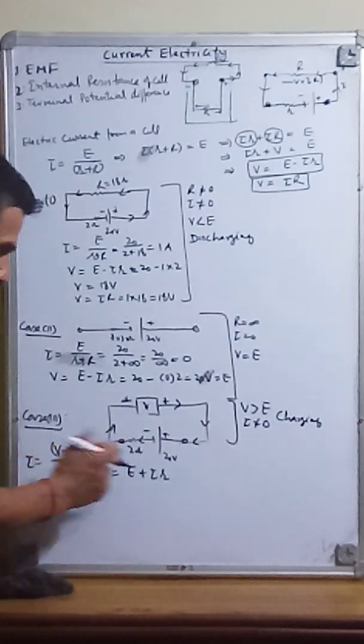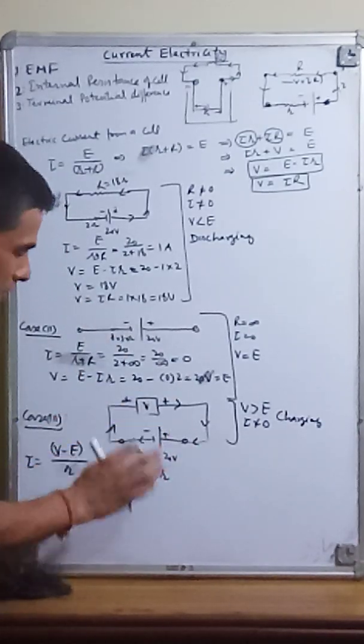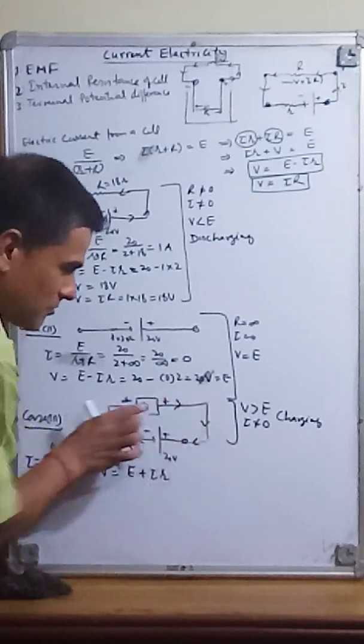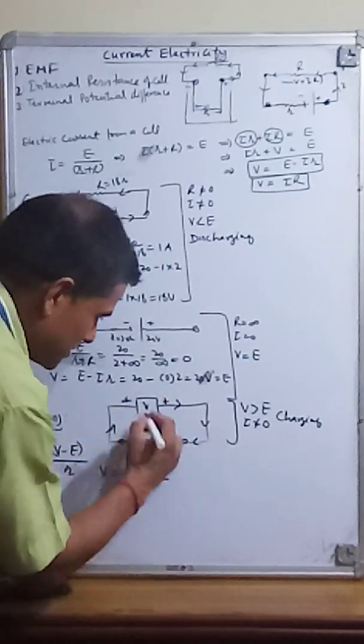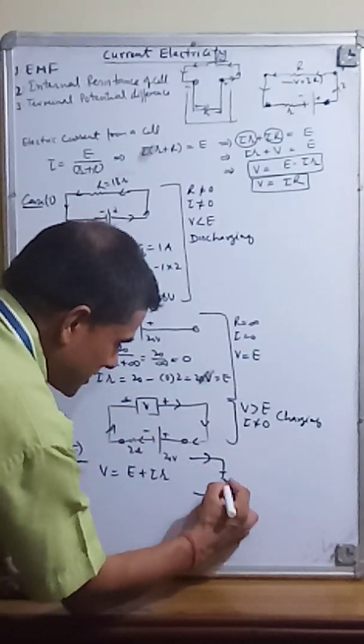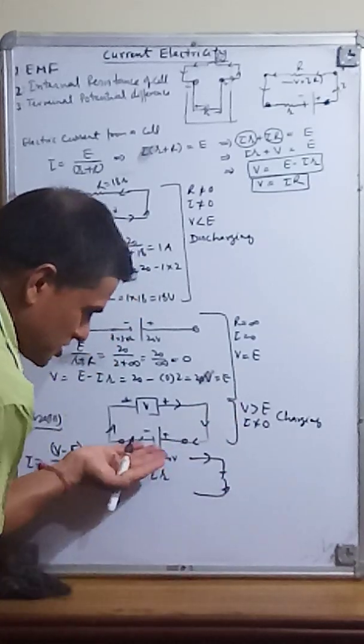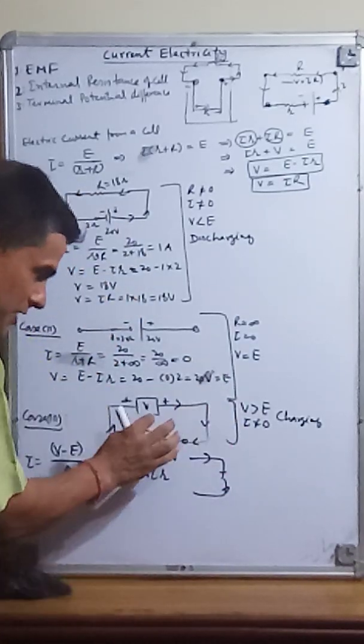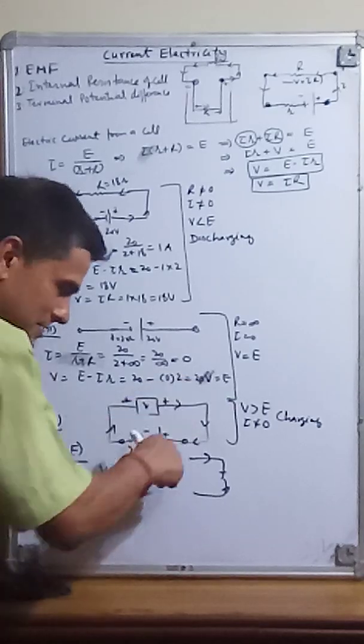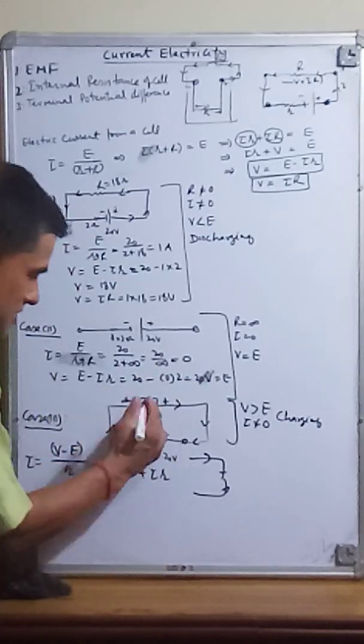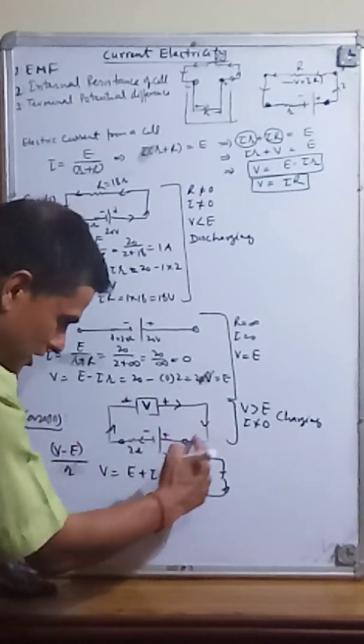This is the net EMF, because if you think independently, this will send current in this direction, and this is pushing charge in the other direction, but it is greater, so it will push the current in this direction. So overall, current will be set up by this voltage, and there will be only one current.